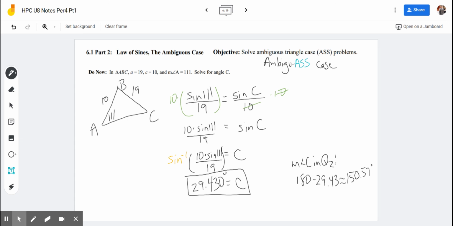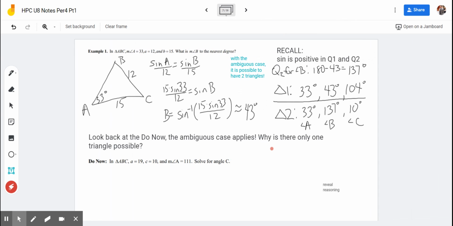Now let's think about what would happen if this angle C was 150.57, given that angle A was already 111. Well, hopefully you remember that a triangle is only 180, right? So it wouldn't be possible.